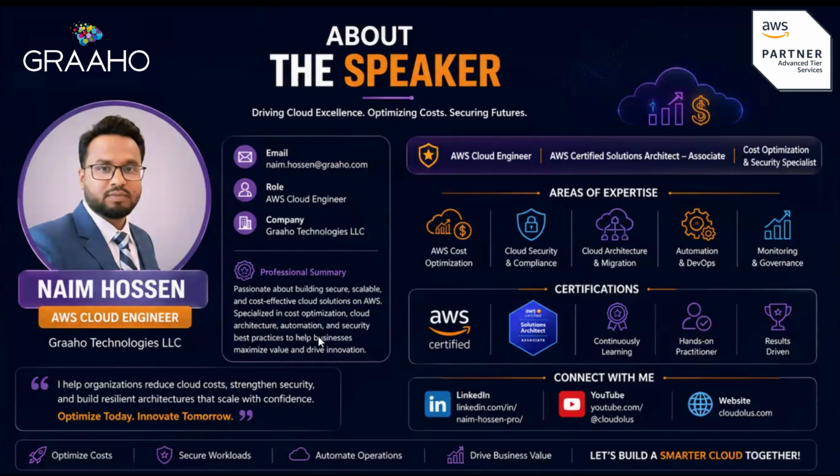I'm an AWS Cloud Engineer with the AWS Certified Solutions Architect Associate, with expertise in cost optimization, security governance, and cloud architecture migration. That is a small intro about myself.